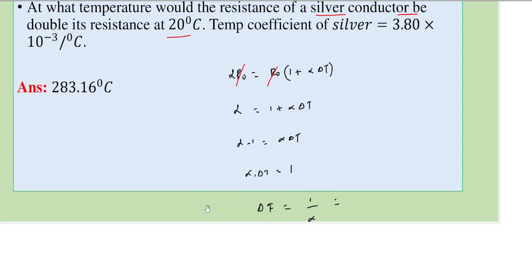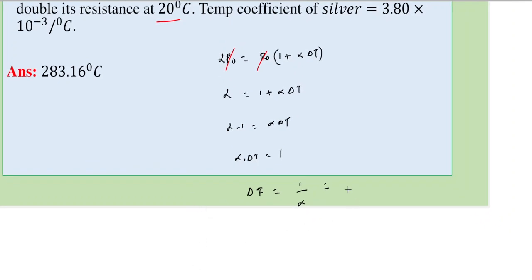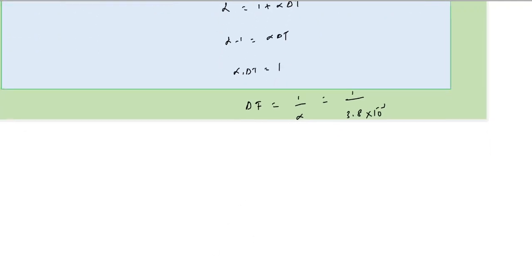already given as 3.8 into 10 power minus 3, so it will be 1 by 3.8 into 10 power minus 3, that is delta T would be 10 power 3 by 3.8, and if we solve, that is equal to 263.158 degree Celsius.